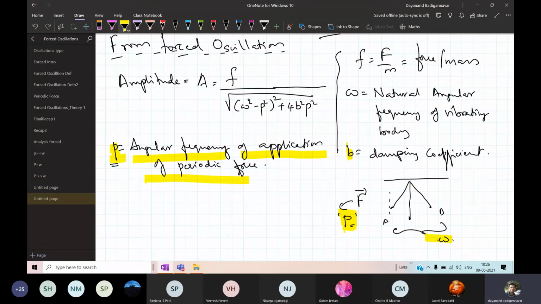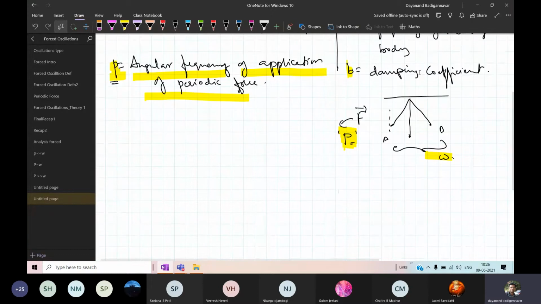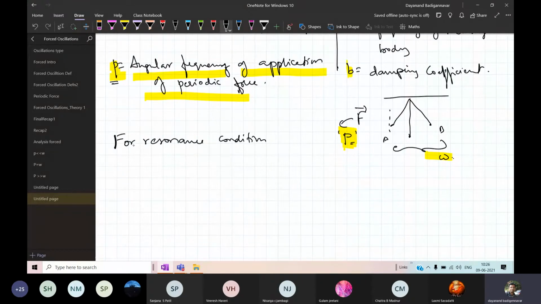Omega is the natural frequency of the oscillation. Now for the resonance condition, you can also take the spring mass system here. I have the spring, and it is oscillating with a certain frequency.